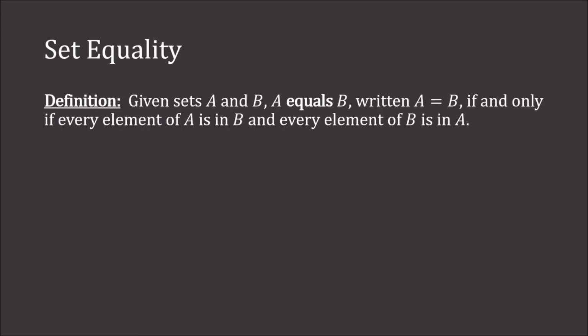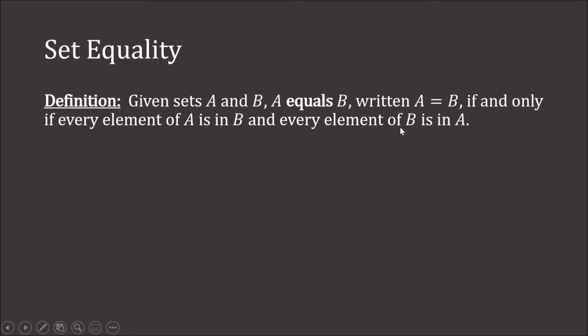So given sets A and B, we say that A equals B, which is written as you would think, A equals B, if and only if every element of A is in B and every element of B is in A. But if we think about this a little bit, right, if every element of A is in B, then doesn't this mean that A is a subset of B?